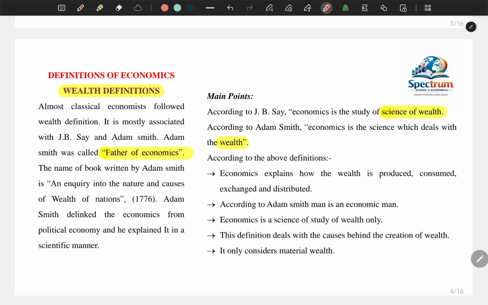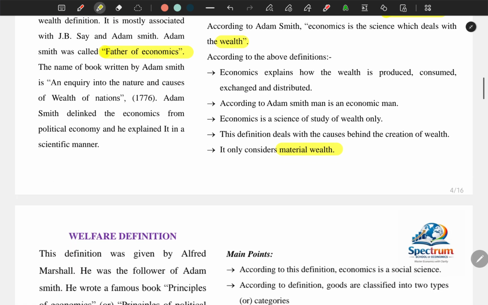This definition deals with the causes behind the creation of wealth. It relates to each and every aspect of wealth, and it considers only material wealth. You can write this in your notes. So this is about the wealth definition.